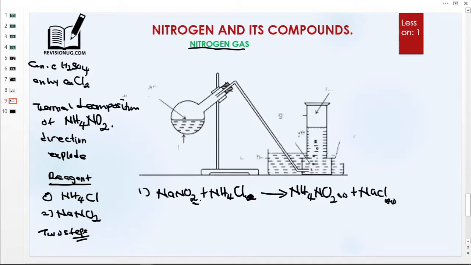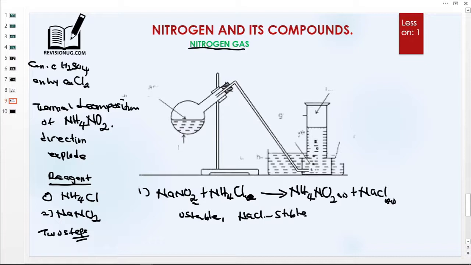To balance this one: sodium 1; nitrogen, this one plus this, there are 2, and this one plus this one, there are 2; hydrogen, there are 4, we have 4 here; chloride 1 and also 1. So that is our step number 1. We have produced ammonium nitrite. Ammonium nitrite is unstable, whereas sodium chloride is now stable.